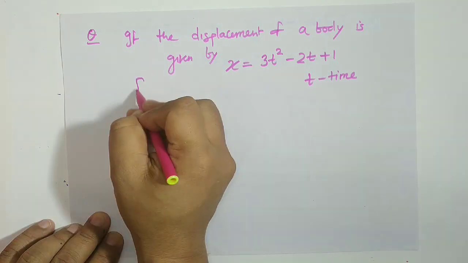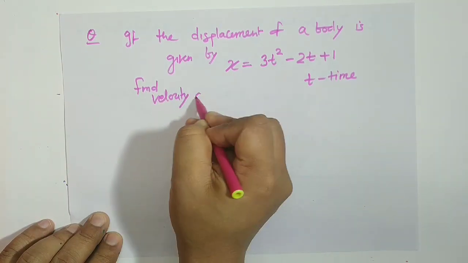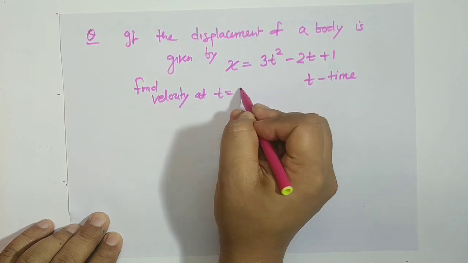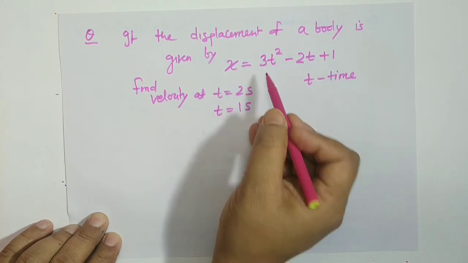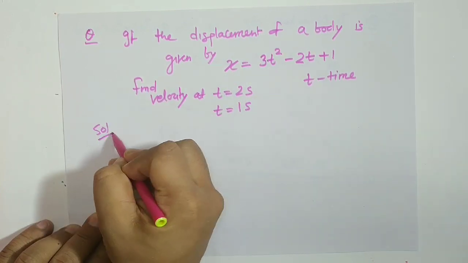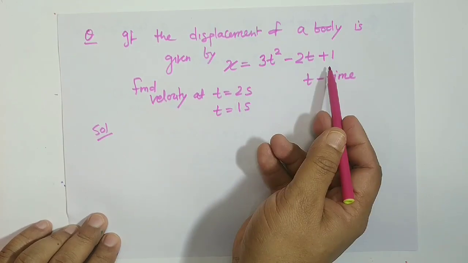Then find velocity at t equal to 2 seconds and t equal to 1 second. Now this is exactly the question of physics, where we need what? Instantaneous velocities, and x has been given as a function.